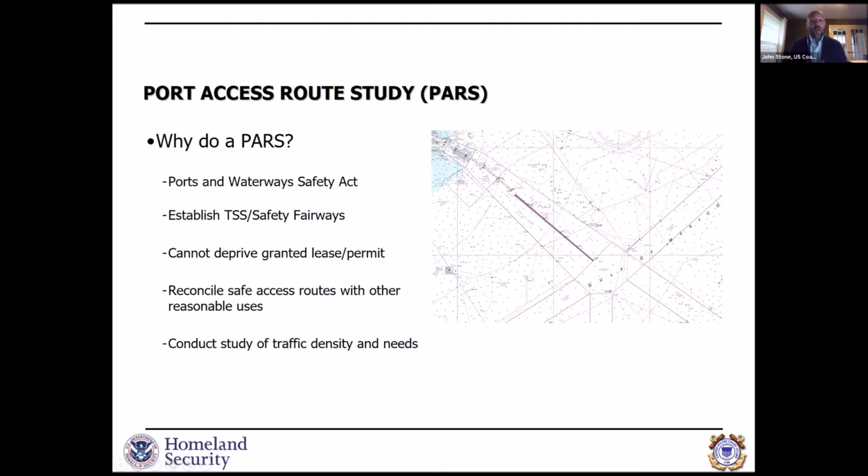Also, before we designate the fairway, the traffic separation scheme, or any of these routing measures, we need to reconcile any safe access routes with other reasonable uses. We have to take into consideration other reasonable uses of the water, to the extent practicable, before moving forward.